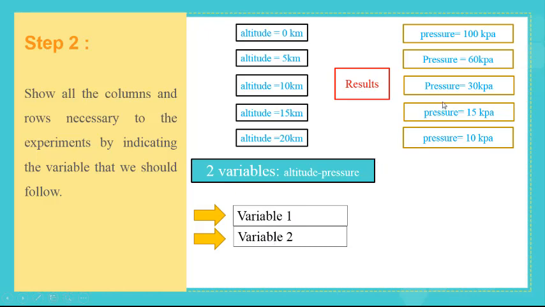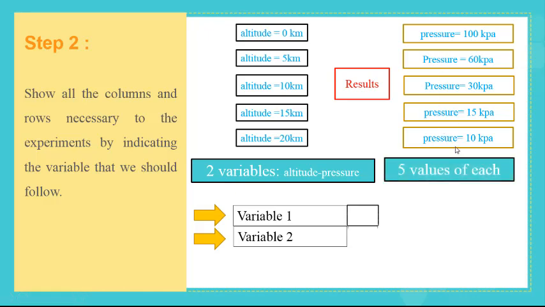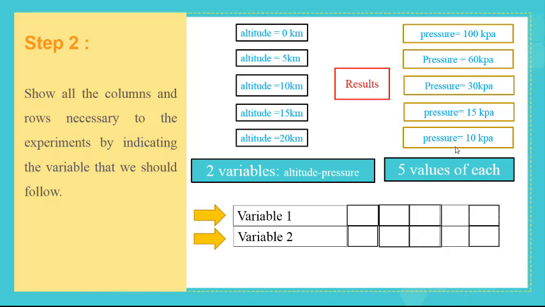The results, or the values of the two variables, the dependent and the independent variable, direct us to the number of columns needed. So, since there are 5 values of each variable, we need to draw 5 columns: 1, 2, 3, 4, and 5.